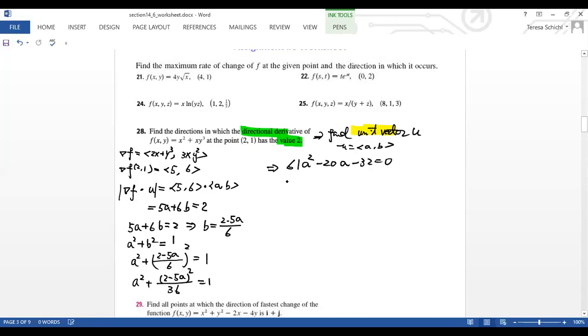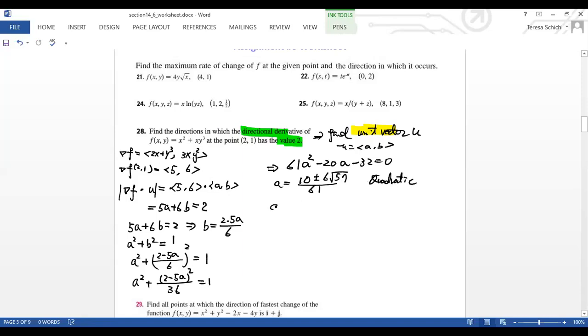Then use the quadratic formula. So I say a equals 61 minus b plus or minus the square root of 6 over 57 here. That's what I used, the quadratic formula.